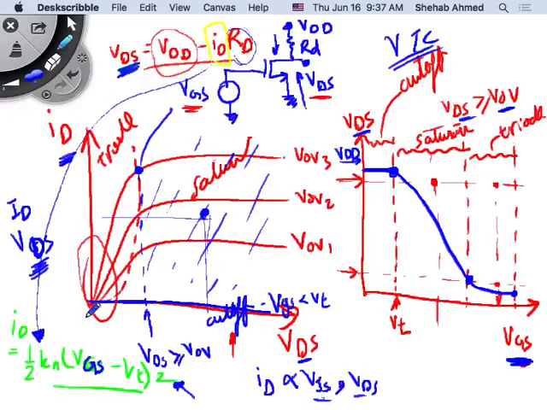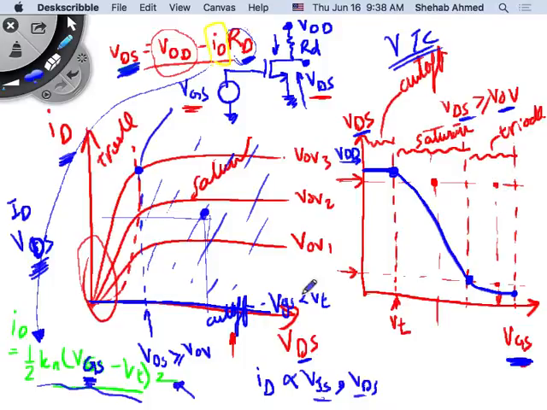Because ID, remember, I will take this and substitute it here. So I have a relation between VDS and VGS and RD, right? So for a certain value of VGS and a certain value of VDS, it means I have a certain value of RD.